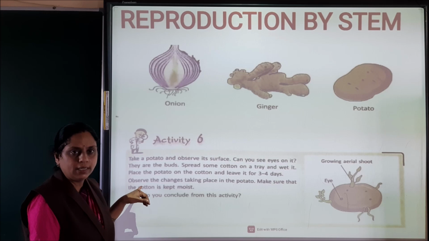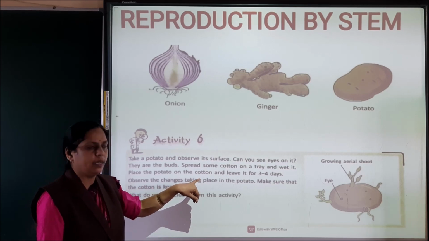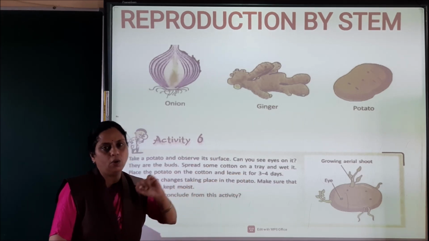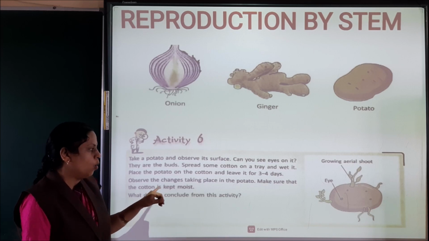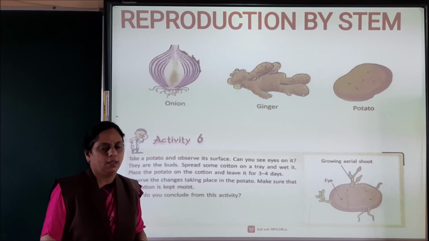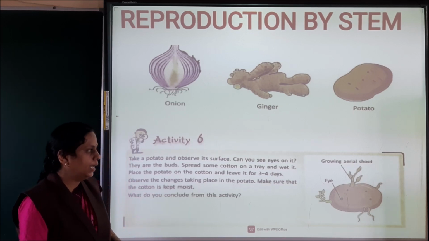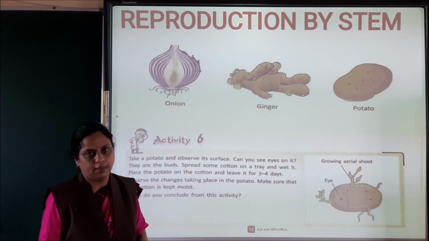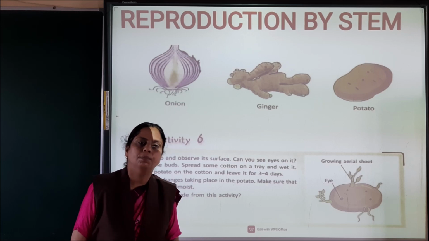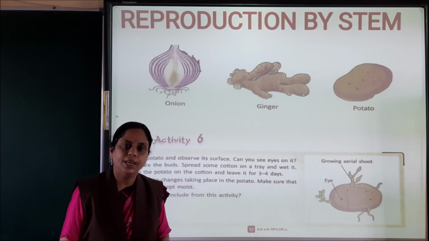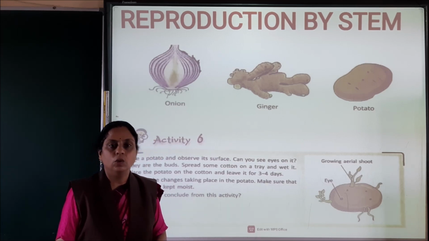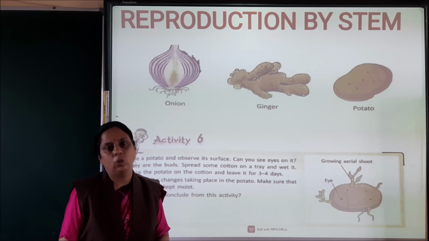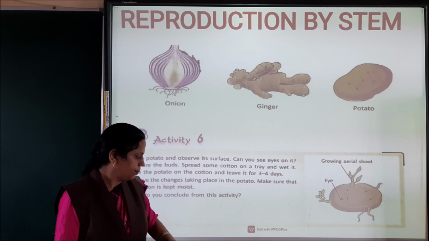Then you have to place the potato on the cotton and leave it for 3 to 4 days. Now what changes will take place in the potato? You will see some aerial shoots growing on the eye. And when this is placed in the soil, it will give rise to a new plant. So any potato bearing an eye will give rise to a new plant.